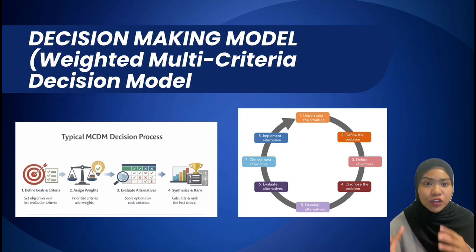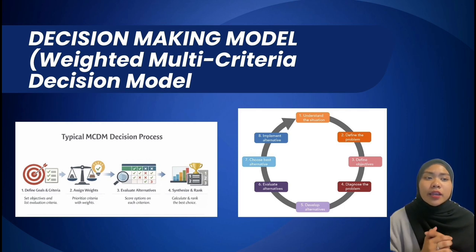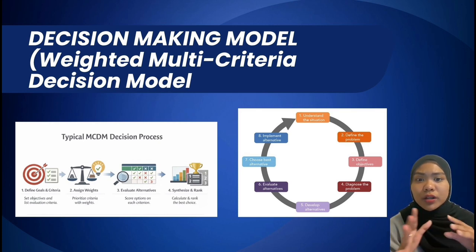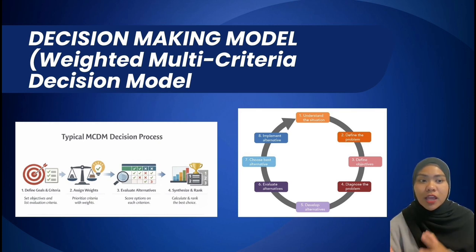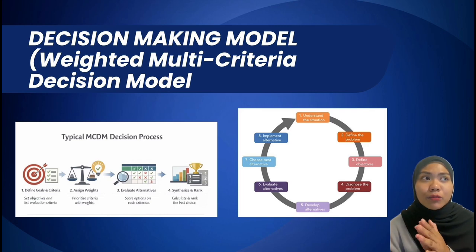So to solve that problem, we can use a tool called a multi-criteria decision model. It sounds fancy, but we all use a version of this in our everyday lives. The model forces everyone to put their cards on the table and assign weight to what matters most. Which one is more important?